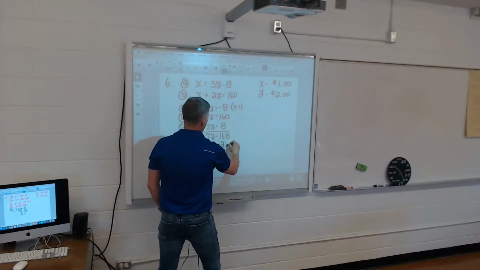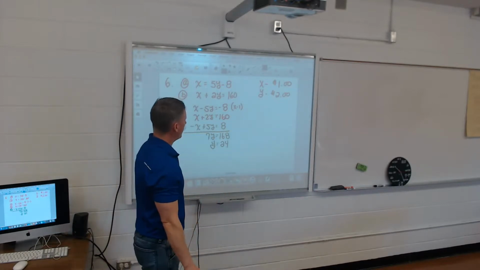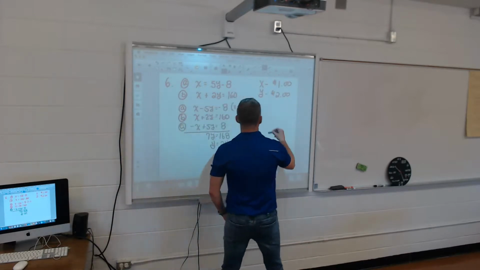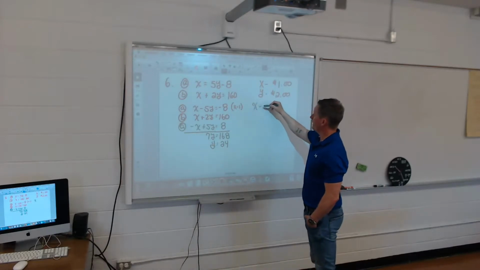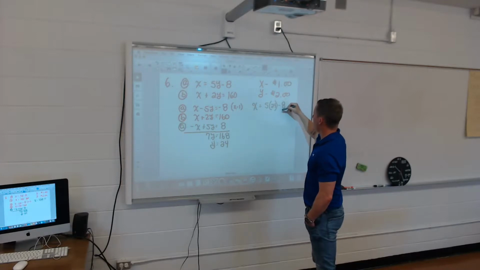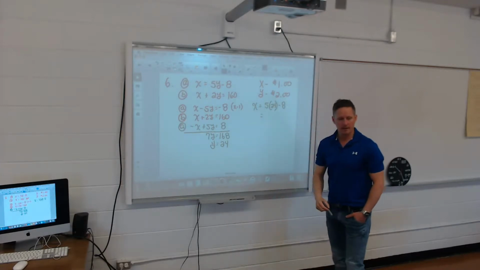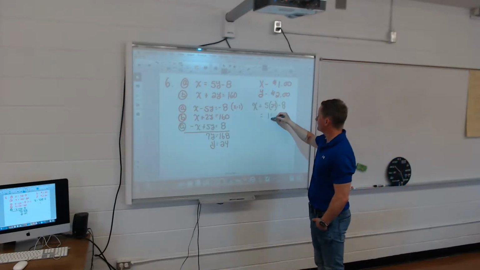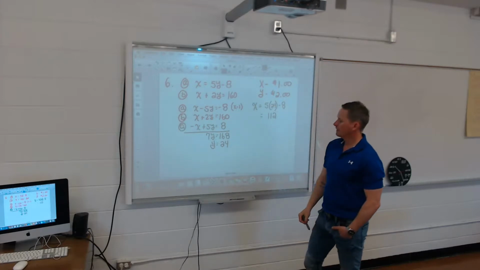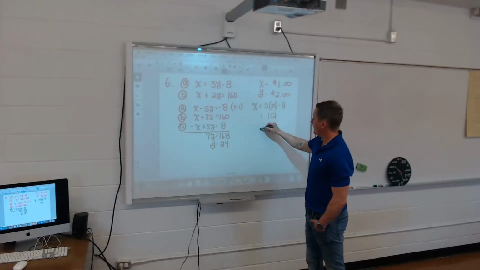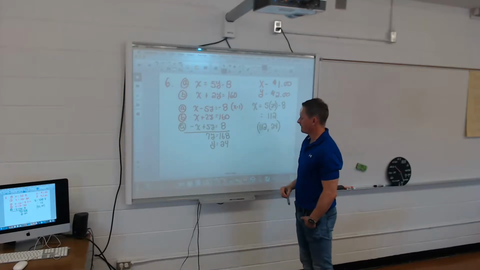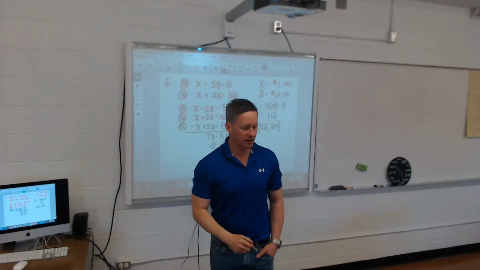Divide by 7. Y is 24. Using the first statement, x equals 5 times 24, subtract 8. Okay? So 5 times 24 is 120, subtract 8 is 112. So I have 112 loonies and 24 toonies. And together that makes $160.